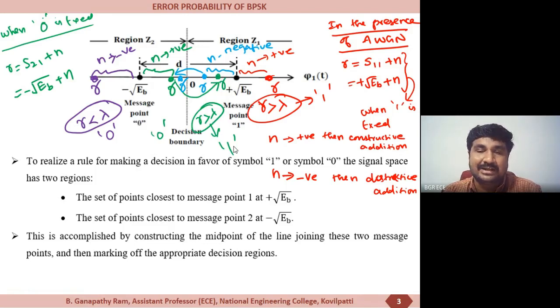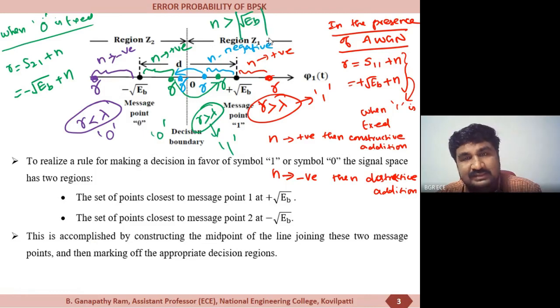So these are all the erroneous conditions. And this will occur when the amplitude of the noise is greater than the amplitude of the signal point or the correlation value in both the cases.